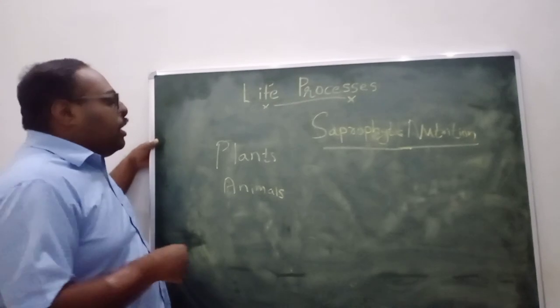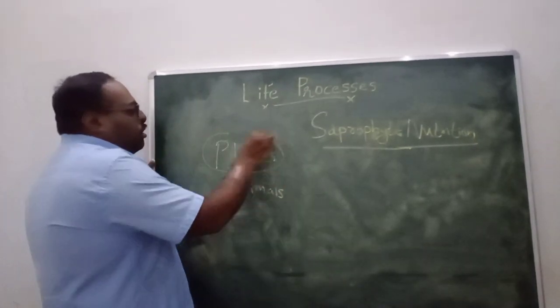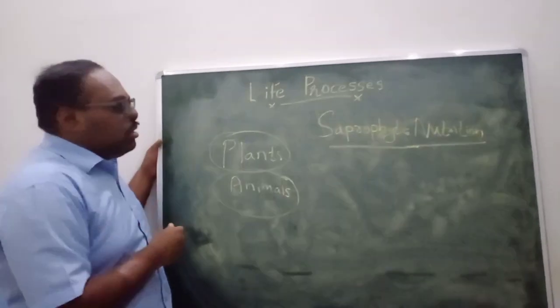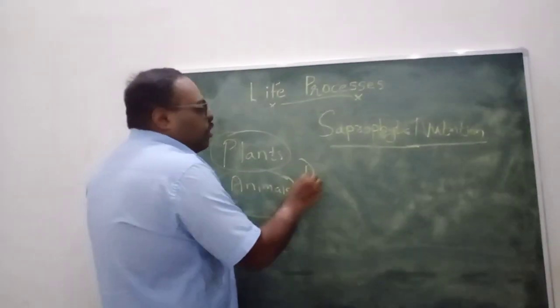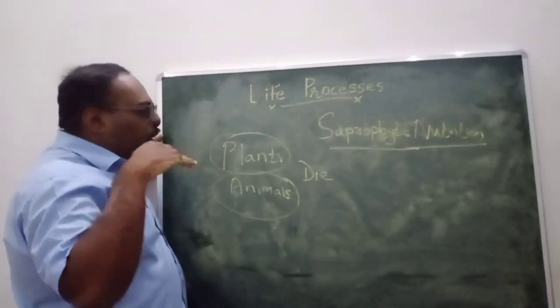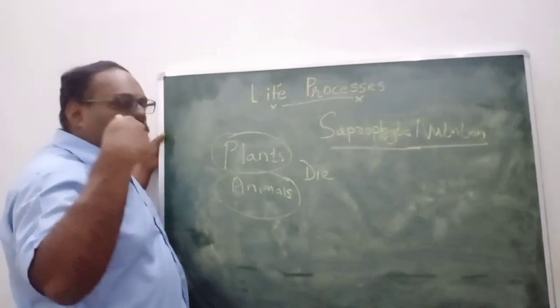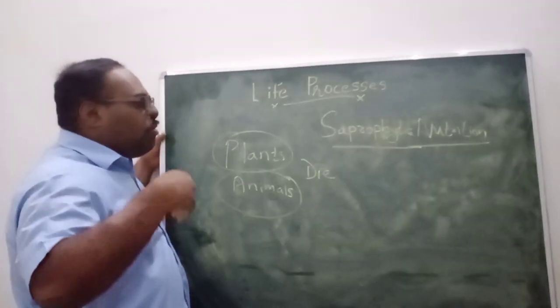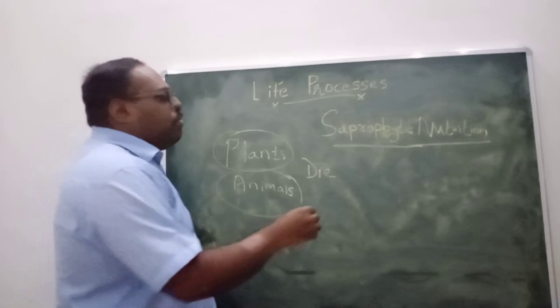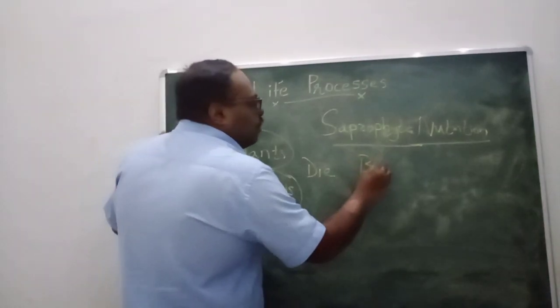Finally, what is happening? Whatever these plants and animals, including us humans, we will die. After our death, whatever our body is made up of, they are all made up of biomolecules.